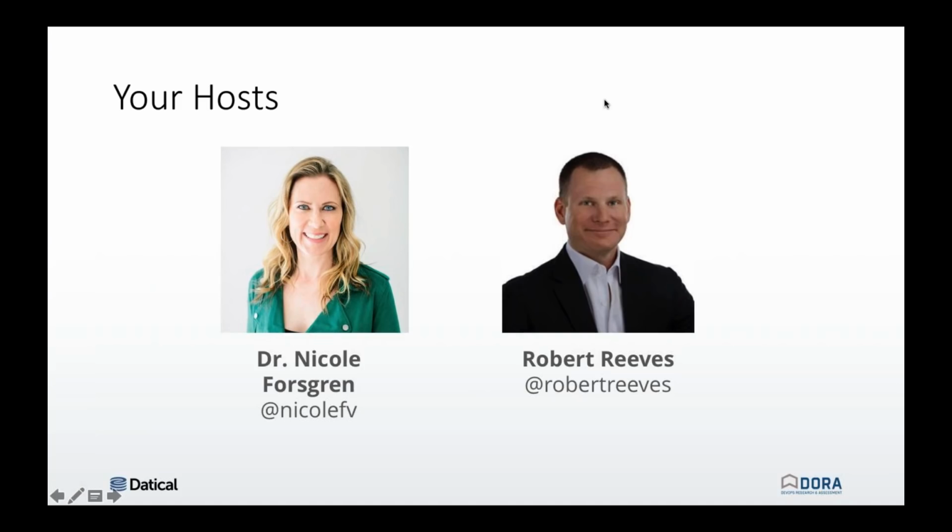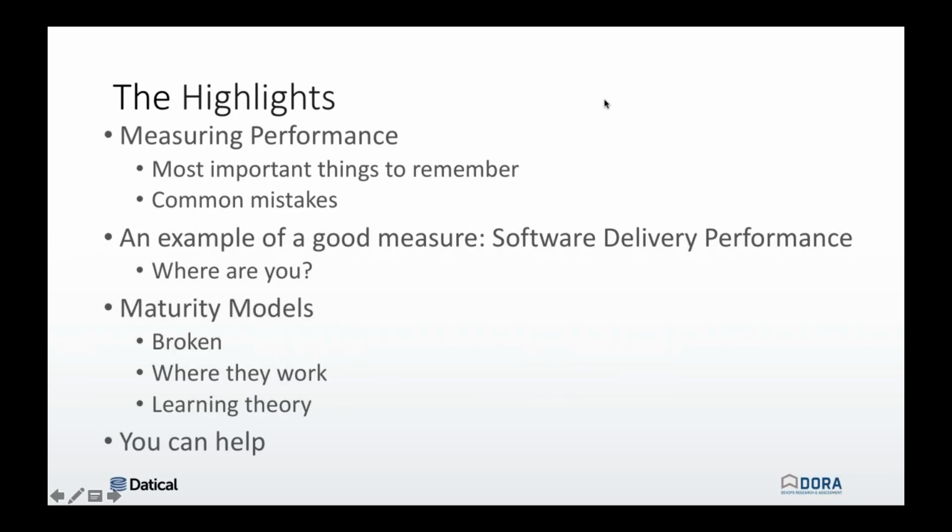Okay, so here we go. Here's what we're going to be going over today. We're going to talk about measuring performance, things to remember, common mistakes, and an example of a good measure. We'll also talk about maturity models, which right now is probably one of my favorite rants, where they're broken. I love it.